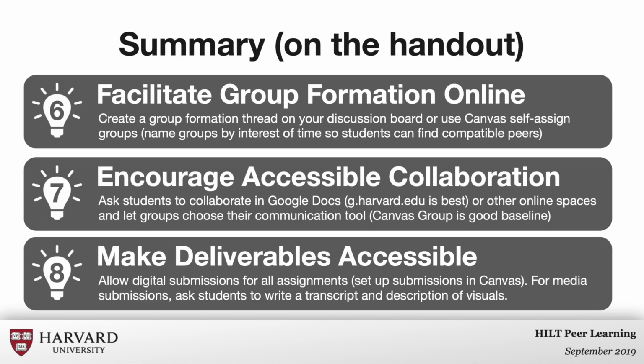Auto captioning isn't always very reliable, so it's great if you have these types of media submissions, especially if they're shared with peers, to give students the extra task of writing a transcript or a written description of what's happening during their video. And this is also a great thing to add as step 0 in the assignment because it's just a great planning step. If you're going to write out your transcript or you're going to write out your outline, that's a great step in planning the media and then sharing it with the class.